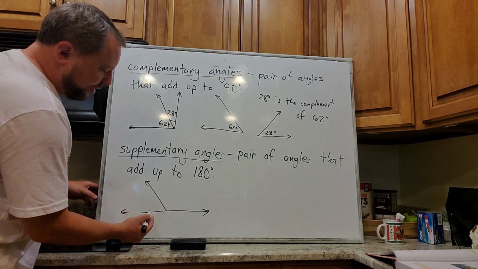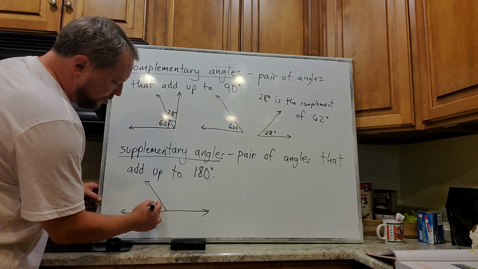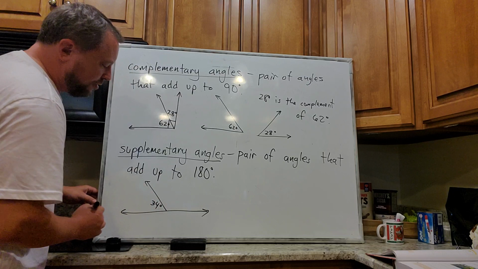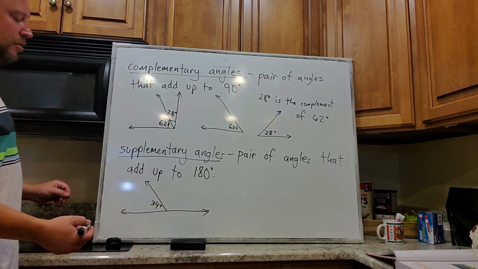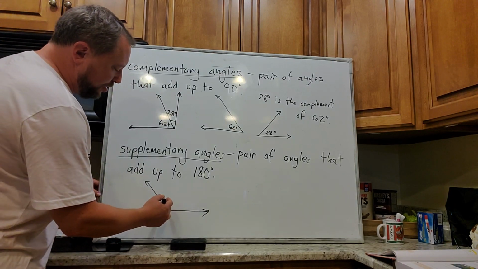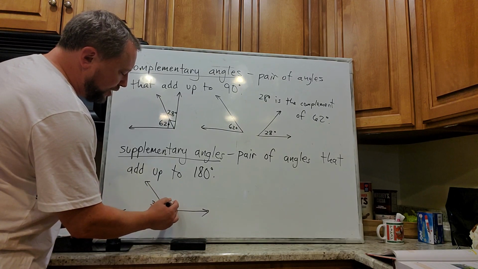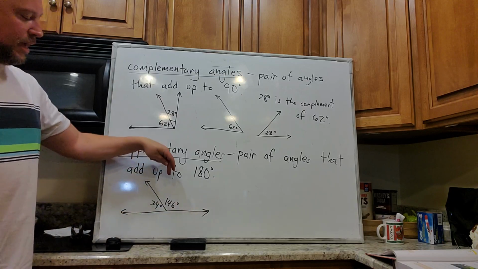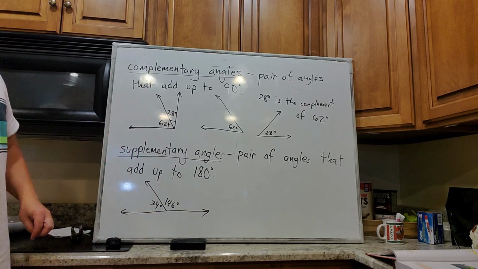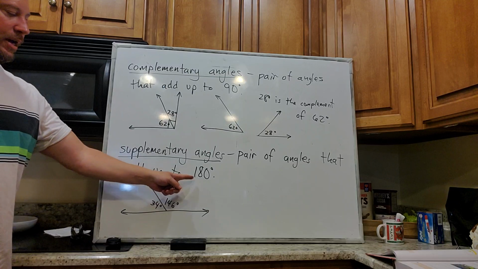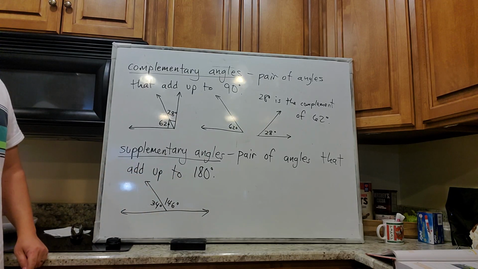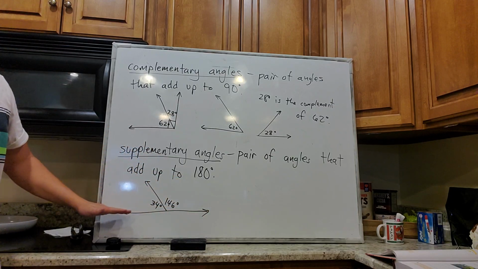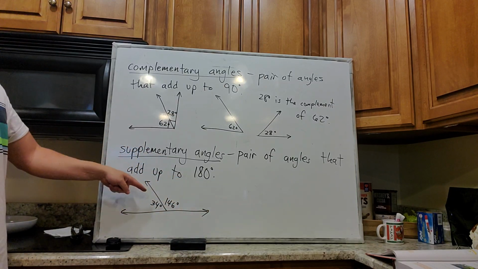You might have an angle here that measures, let's say, 34 degrees, and then this angle beside it over here is 146 degrees. If you add those up, 146 and 34, I think you're going to find they do in fact add up to 180 degrees. And when they add up to 180 like this, they form, like I said, a nice straight line, as long as they're adjacent.